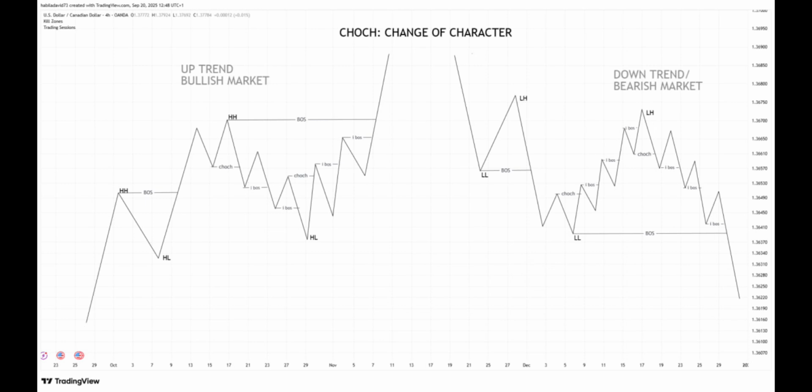As I said, you have to wait for the market to give a change of character on the lower time frame, and that is the first signal that the market is about to reverse, because now you know that demand is losing power and supply is beginning to take over. You follow the current order flow of the market while keeping in mind the overall structure, because the market can't sell or buy forever. Once sellers start selling and price returns to a higher time frame demand, what do you do next?